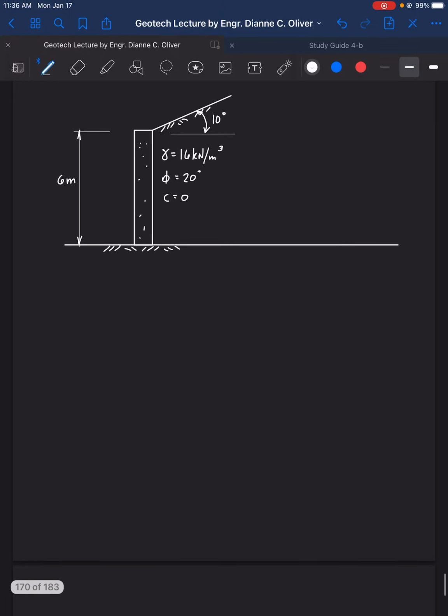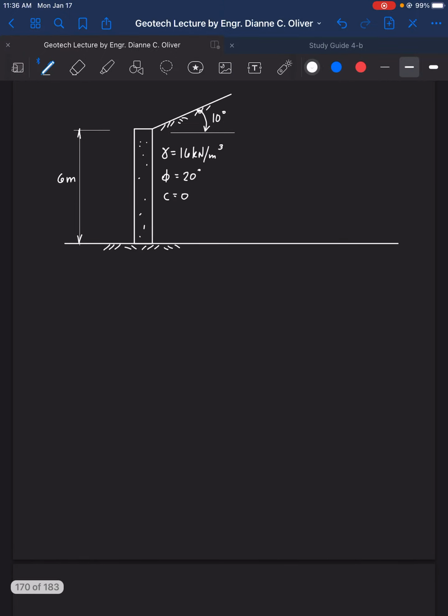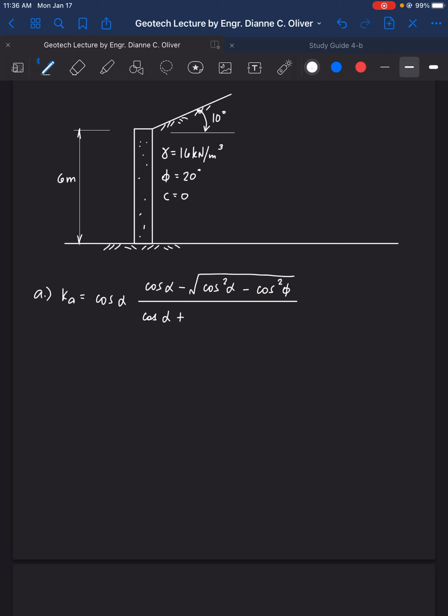The formula for the Rankine active coefficient is K sub A. For letter A, K sub A is equal to cosine of alpha minus the square root of cosine alpha squared minus cosine of phi squared, over cosine of alpha plus the square root of cosine alpha squared minus cosine phi squared. Right.